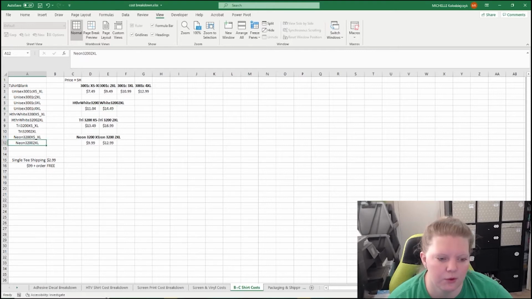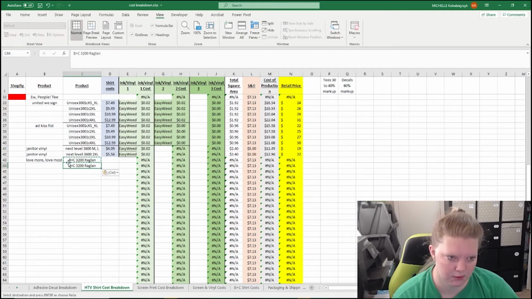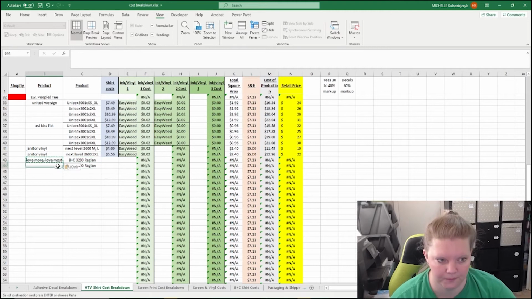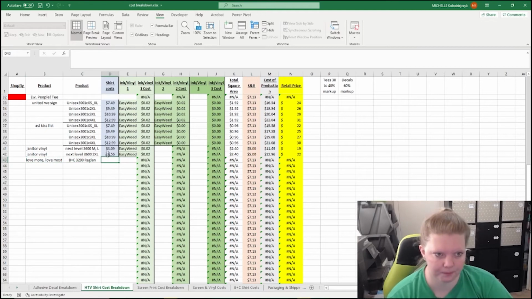Yeah, 3200. So we're just going to put Bella Canvas 3200 raglan. So we're going to do two of them. Actually, I'm going to include it in the same price because it's technically the same thing.